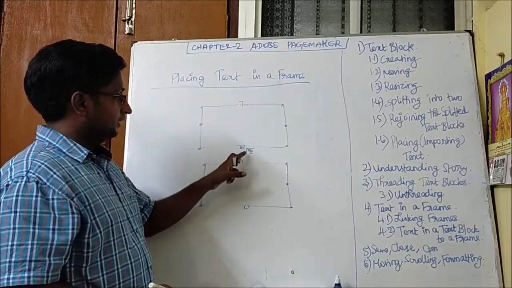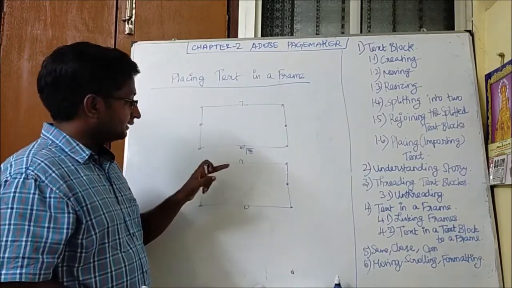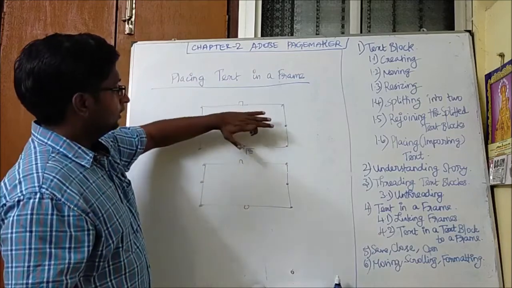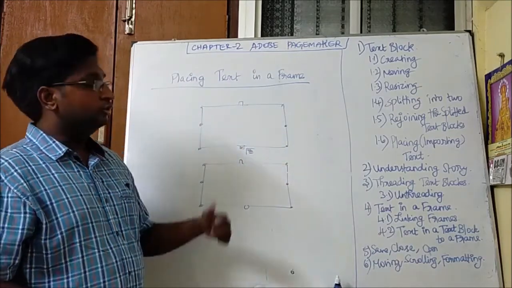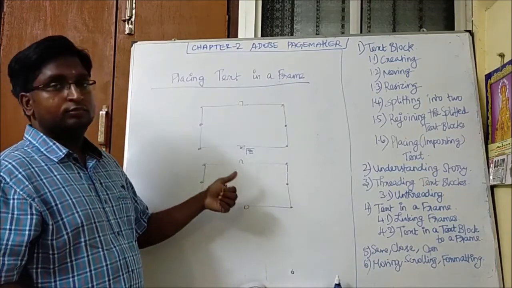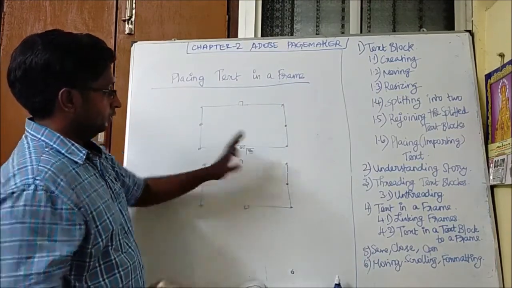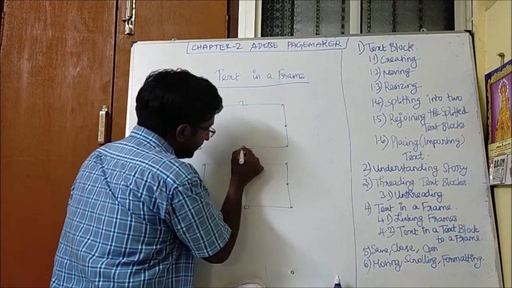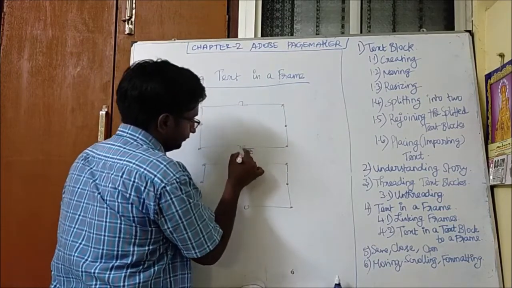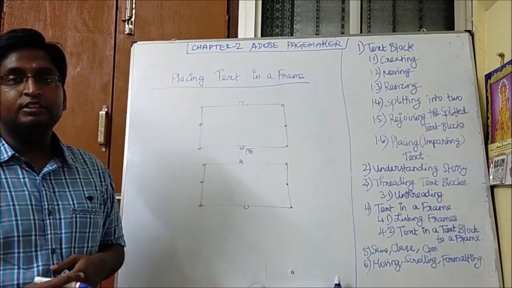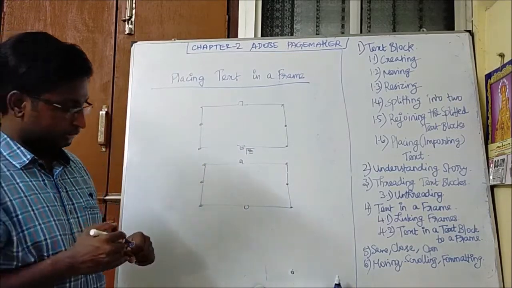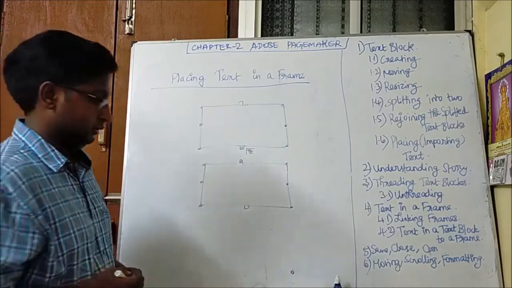With the loaded text, when you click the second frame, automatically the text flows to the next frame also. So this is how we link the frame. Once the text gets flowed, the icon will change into plus inside the handle.